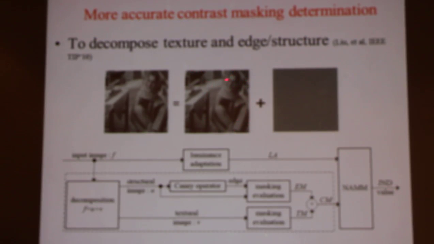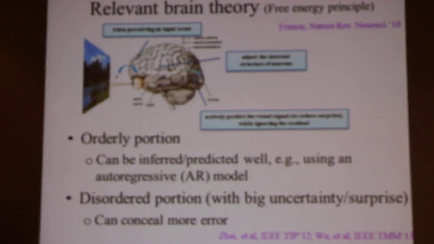You can actually distinguish texture, edge and structure, and then do the evaluation differently for different features. You can even explore some brain theory like the free energy principle. What the free energy principle tells us is that when the human eye and brain look at a picture, the mechanism in the brain tries to predict as much as possible what the shape of the structure should be.